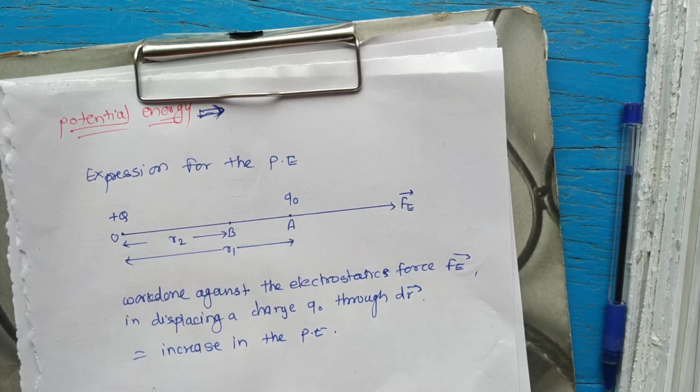The potential energy is equal to dU equals Fe bar dot dr bar, that is force into displacement.